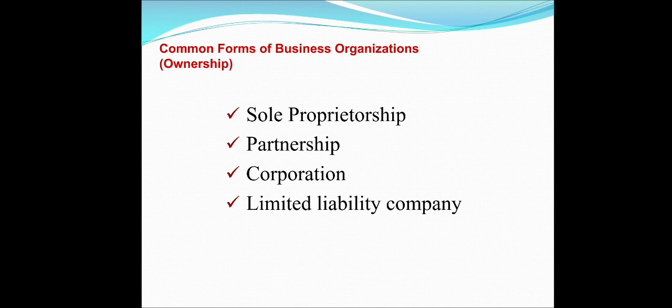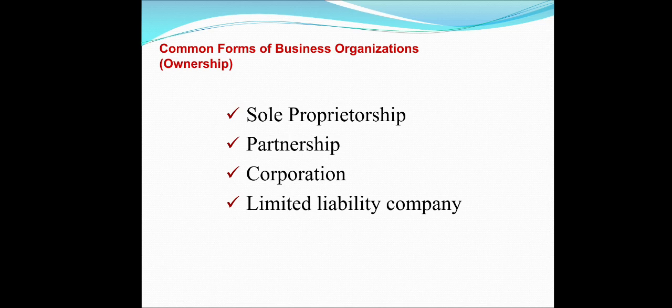So I have told you that if I give you a list of 10 businesses, you have to know which one is a service business, which one is a manufacturing business, and also which one is a merchandising business. That is the thing that you have to know.